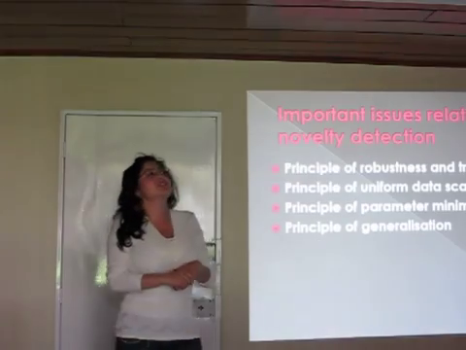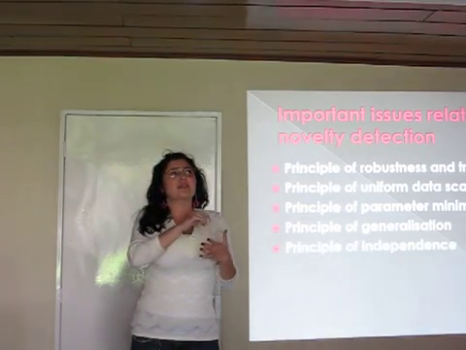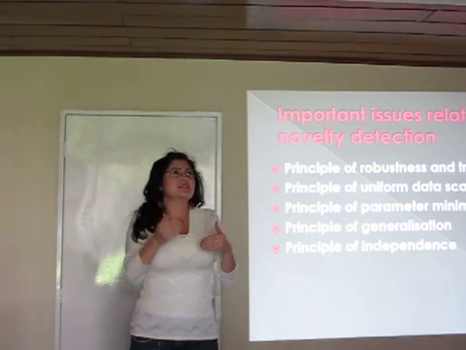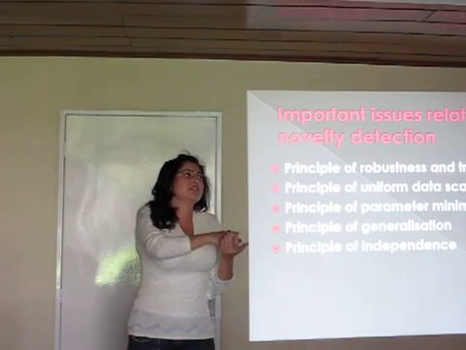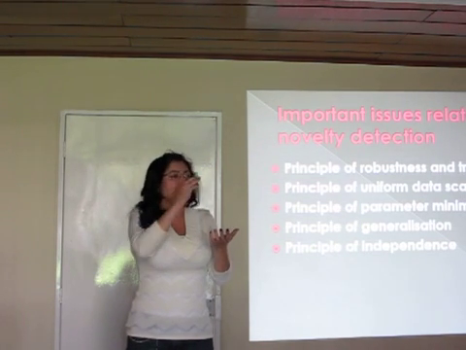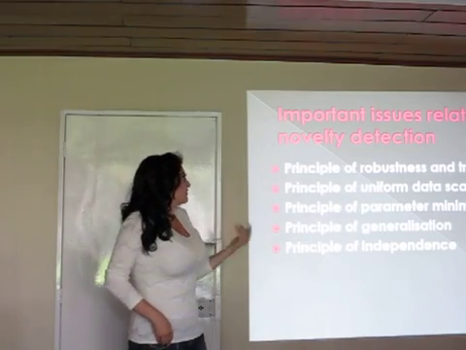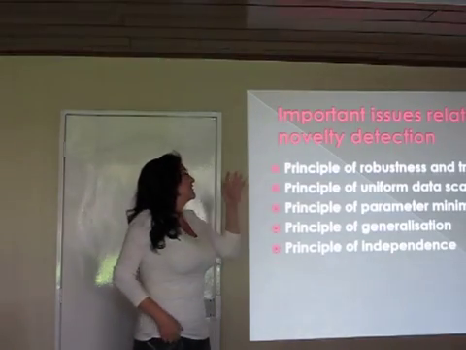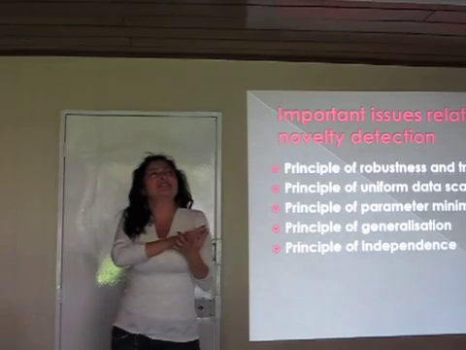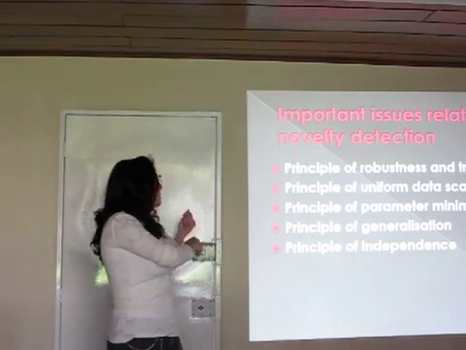Principle of generalization. You have to be able to recognize some data that hasn't been presented before as normal behavior if it is a generalization of the usual behavior of the system, and it doesn't have to be detected as novel behavior.